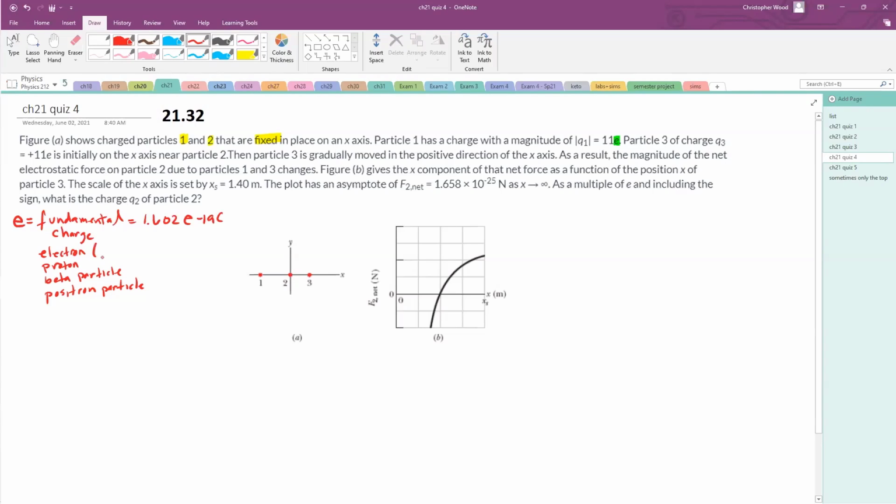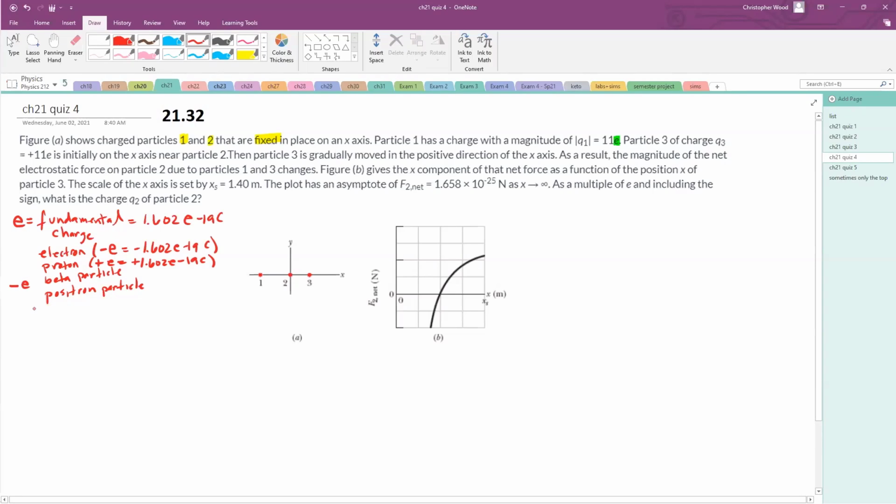In the case of an electron, it's negative fundamental charge, or negative 1.602 times 10 to the minus 19th coulombs. In the case of a proton, it's not negative E, it's positive E, which means the charge on a proton is positive E, or positive 1.602 times 10 to the minus 19th coulombs. A beta particle has a charge of negative E.